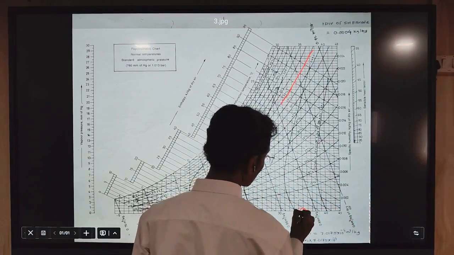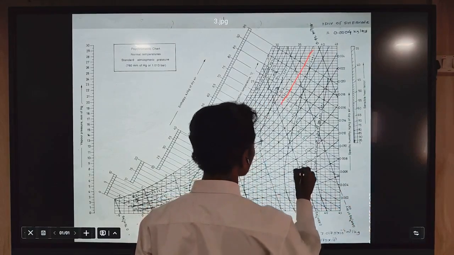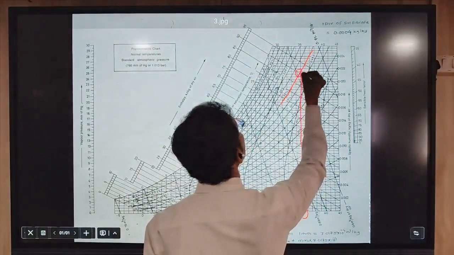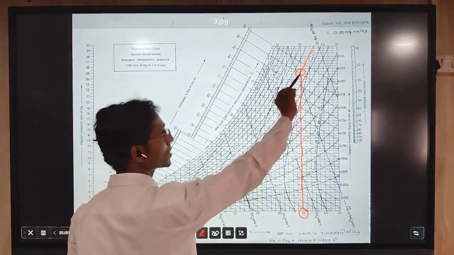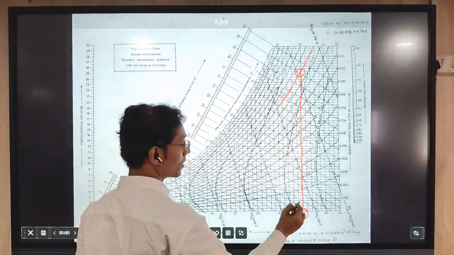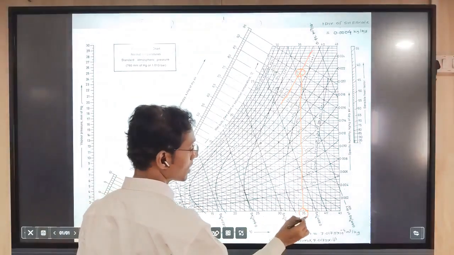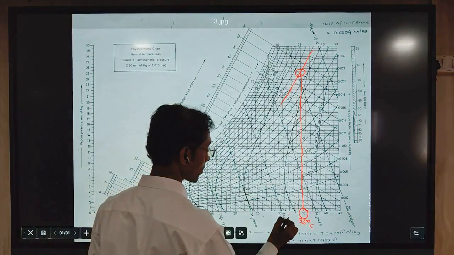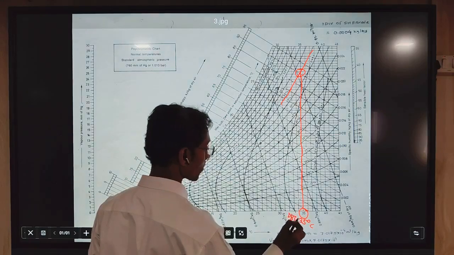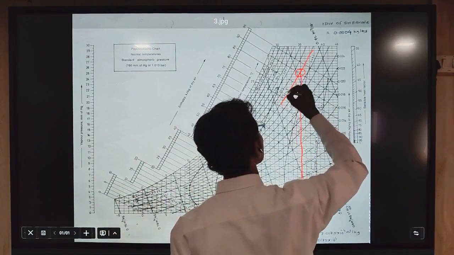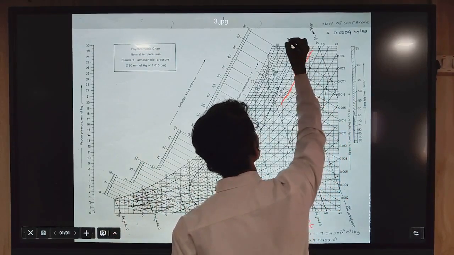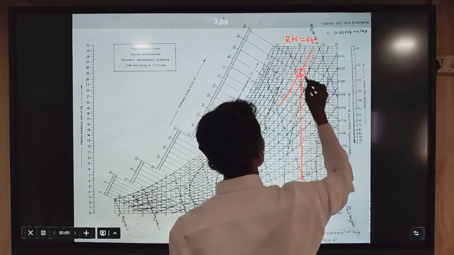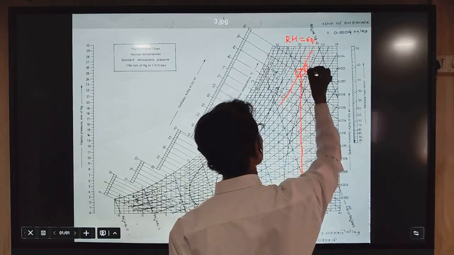Then if we project from this 35 in the upward direction, we will find the intersection of the 60% relative humidity curve and the dry bulb temperature line of 35 degrees Celsius. In this way you can locate point number 1.